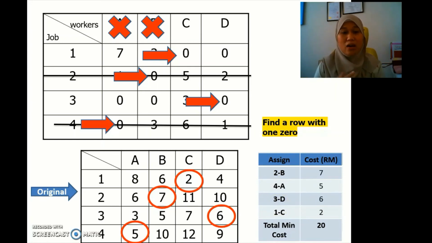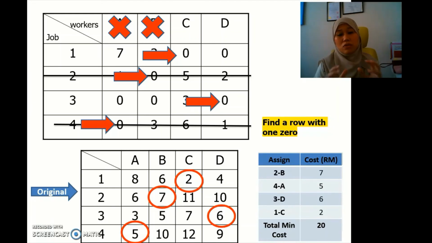So I hope my explanation helped you understand how to do the assignment method, in which you need to go step by step. Be careful not to make any mistake, because you will end up with the wrong assignment. Make sure you follow the steps, which start with the row, and then the column, and then we try to cross out.